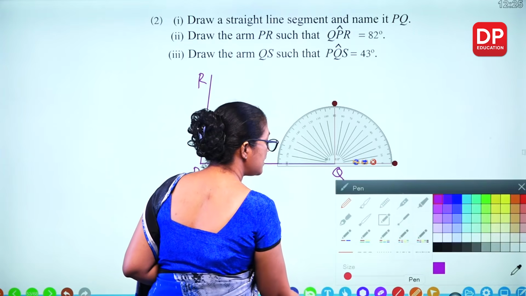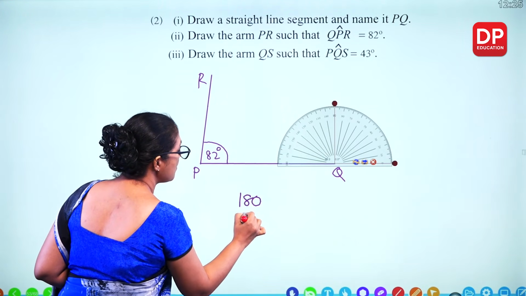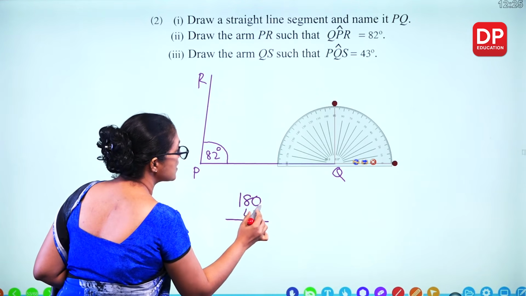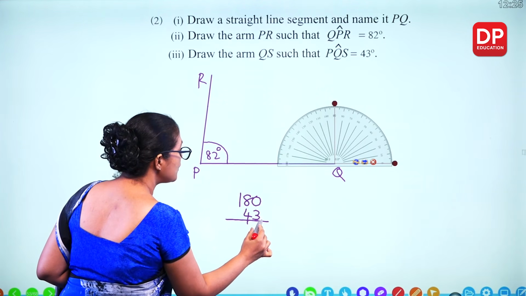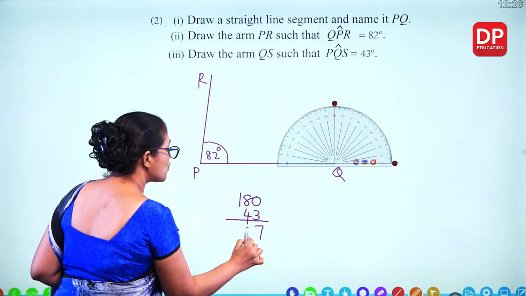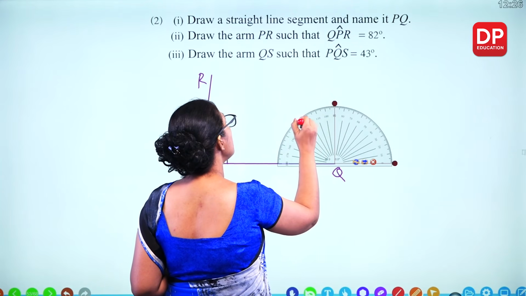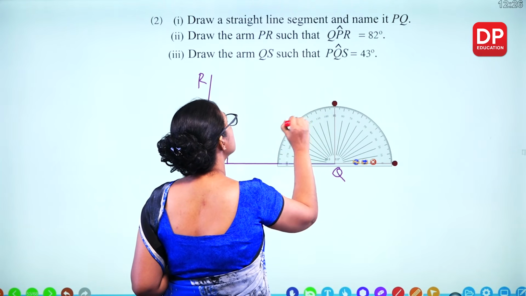So what's the angle there? 180 minus 43 I have to take because I can't measure both ways. 180 minus 43, that's 137. So 137 I have to mark from here. That's this point.